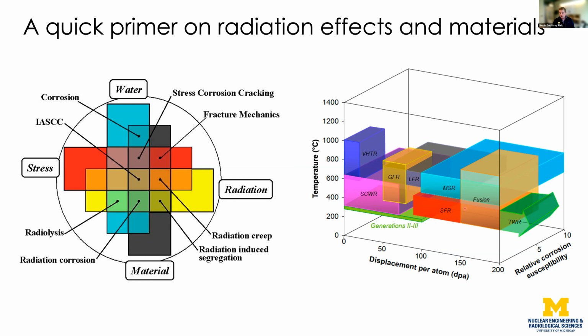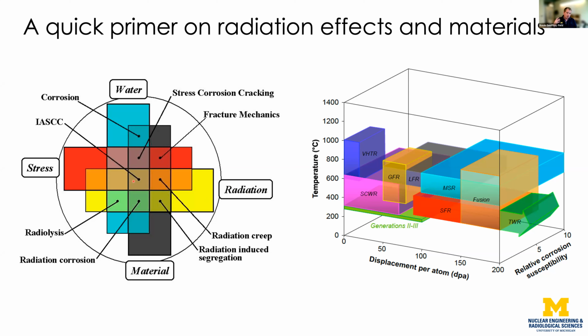So we've been operating Gen 2, Gen 3 light water reactors for a long time, commercially since the 50s and 60s, so we understand this quite well. We need to migrate towards this particular area here. A lot of the research based around this is understanding how this radiation causes that degradation, and then going into more complexities as you increase the different types of what we would call stressors, right?